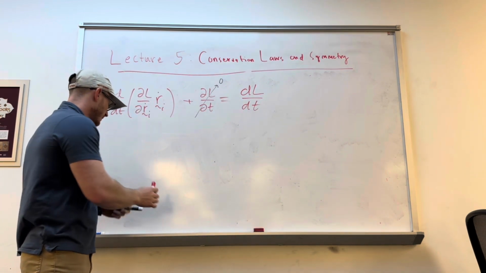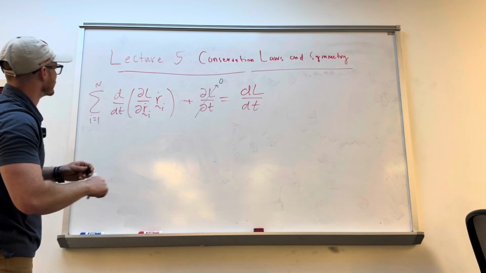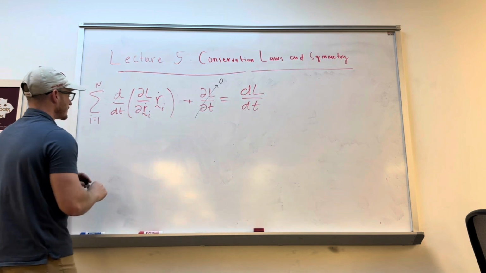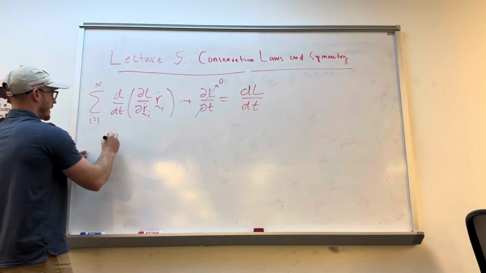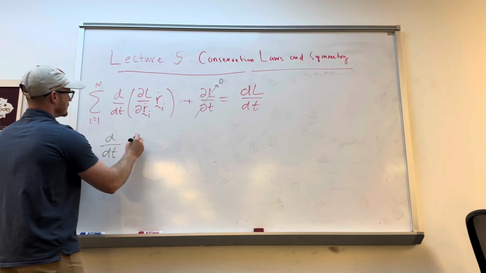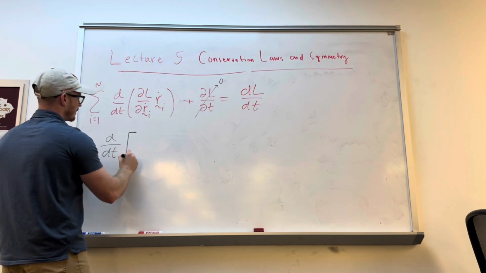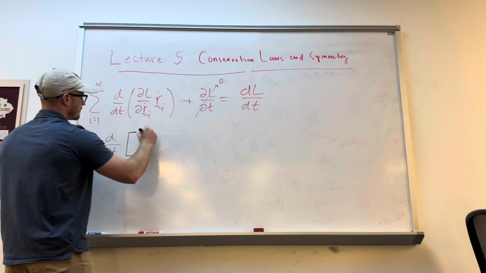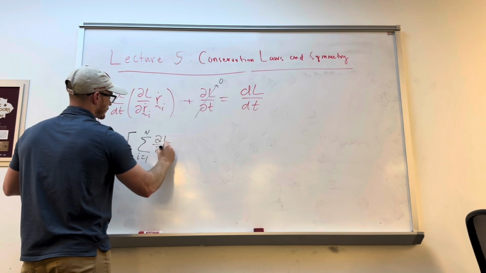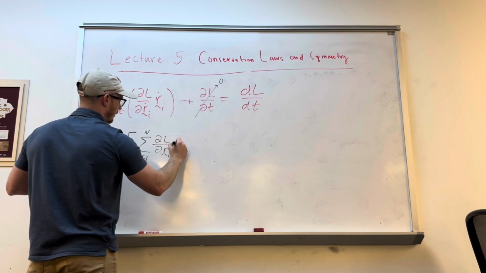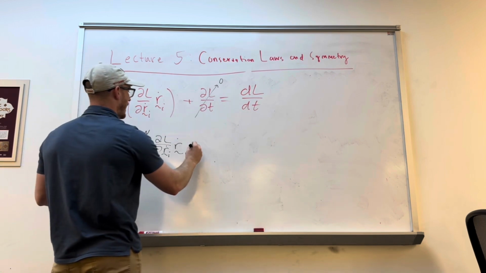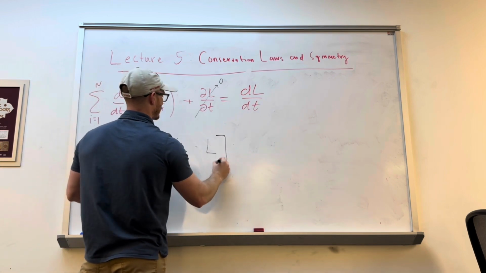If that's the case, then we can subtract dL dt on both sides, pull the d dt out because it's a linear continuous operator: d dt of the sum over all of the partial L partial ri dots, minus L, equals 0.